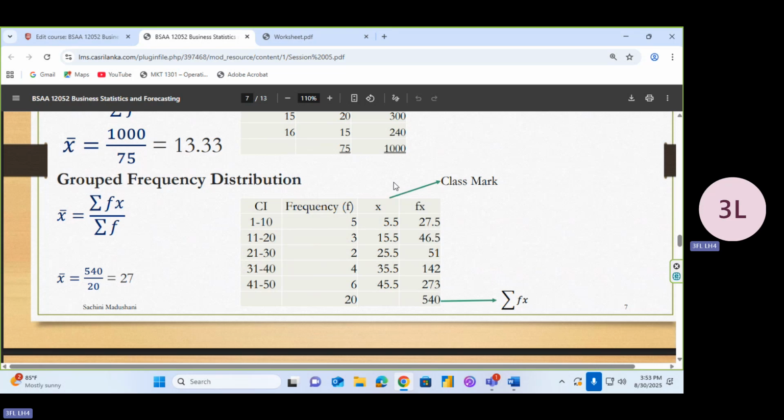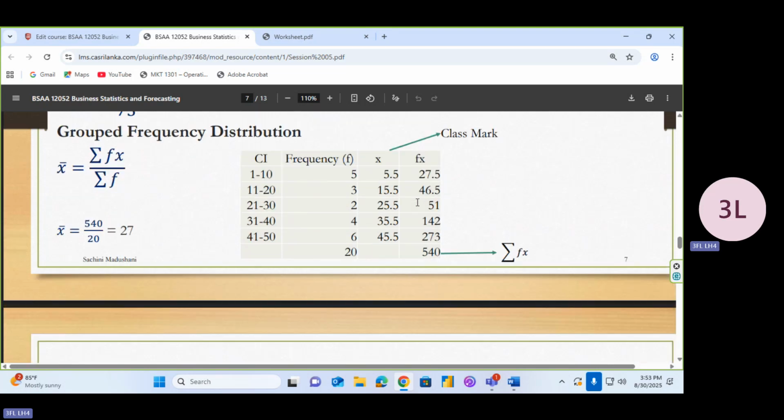Then we move on to how we calculate the average value in the grouped frequency distribution. In the grouped frequency distribution, we write down value ranges, not individual values. These ranges we call class intervals.